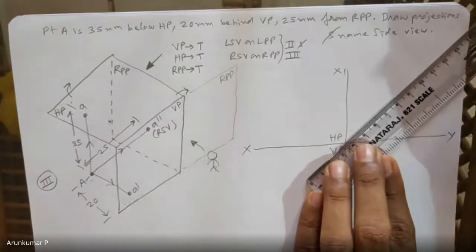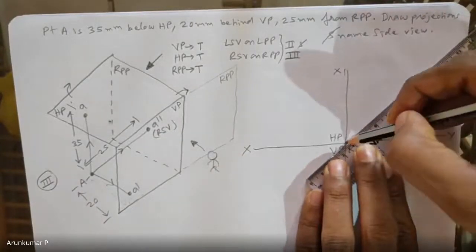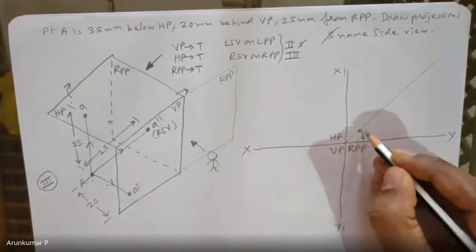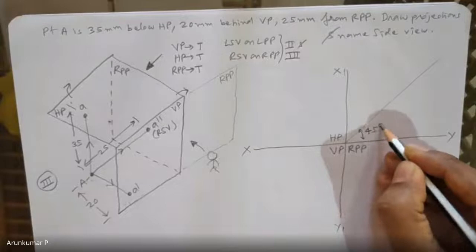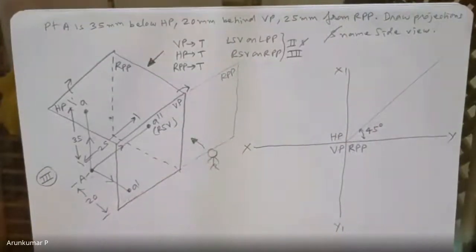So the 45-degree median line will be here. This is the arrangement of planes in the third quadrant with RPP.